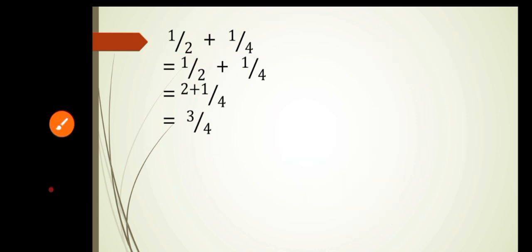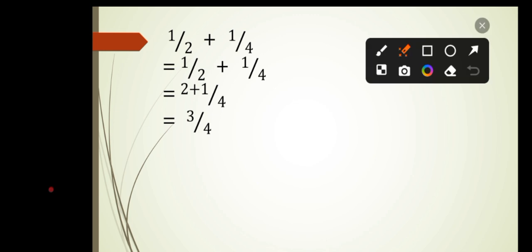Now that we have 4 as the LCM, what do we do? We now divide the LCM by the denominators of the different fractions. This 2 into this LCM 4, what do we have? We have 2. 2 times this numerator 1 will give you 2.